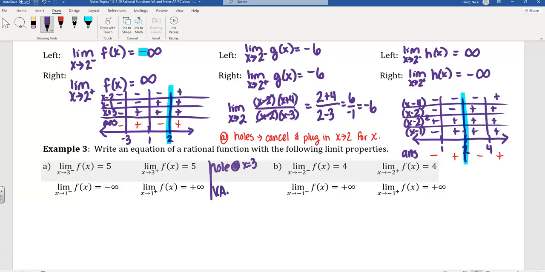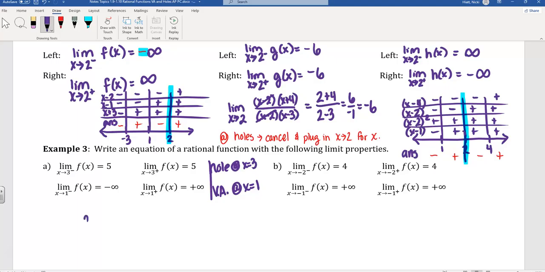If the limit as x approaches 1 from the left is negative infinity, and limit as x approaches 1 from the right is positive infinity, that's going to be vertical asymptote behavior. Positive or negative infinity is telling us vertical asymptote. So we got a vertical asymptote at x equals 1.